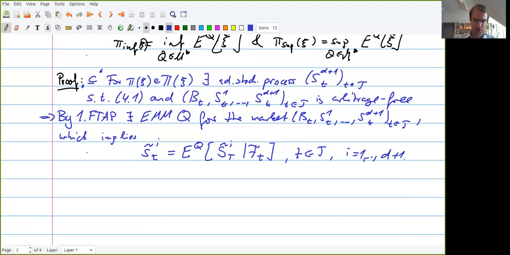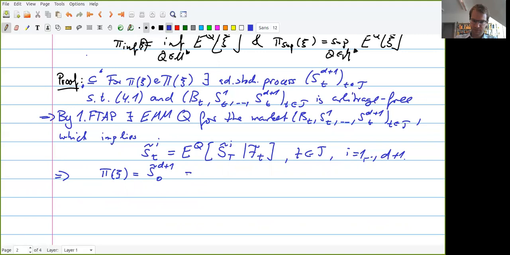But this means in particular, I can apply this equality for the d+1st asset, the price process. So this means the price here, which is equal to D at time 0, and this was included in this property 4.1.